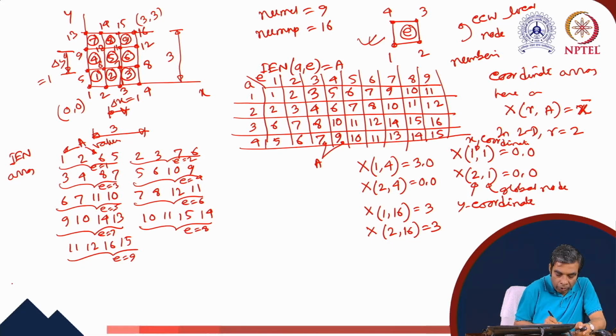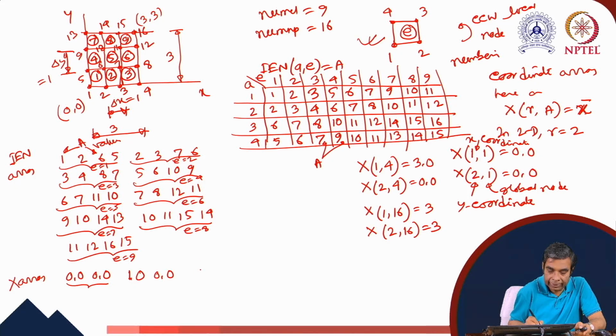Now we can also construct the X array data. If we consider the first coordinate, it is x 0.0, y 0.0. The second node, x is 1.0 (delta x is 1), y is 0.0. Third node, x is 2.0, y is 0.0.